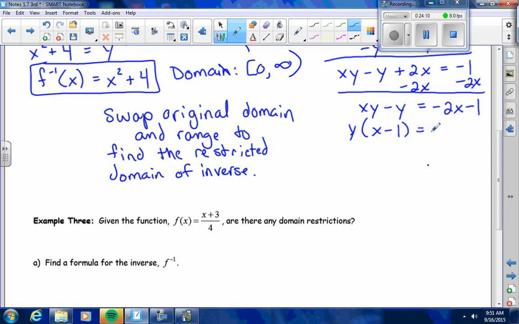Minus 1 equals negative 2x minus 1. Now, solving for y, getting it completely by itself, means I'm dividing both sides by x minus 1. So y equals negative 2x minus 1 divided by x minus 1. That is my inverse function. So with the y, I'm going to put that superscript of negative 1.